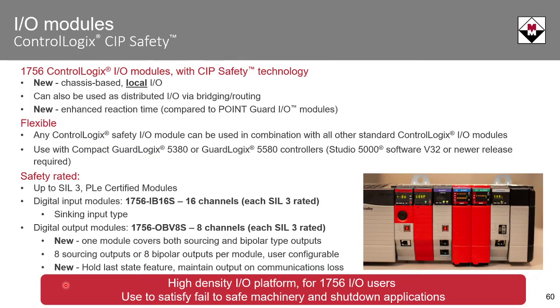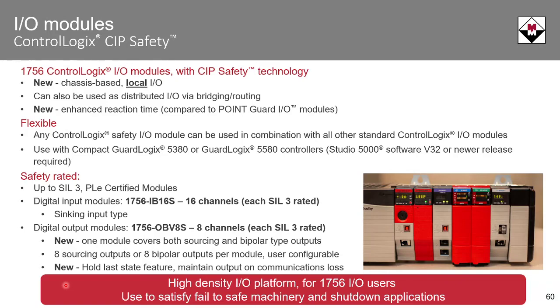First up, new to Studio 5000 version 32, we now have ControlLogix Safety I/O modules. We have a 16-channel DC input safety module and an 8-channel DC sourcing or bipolar safety output module. These modules can only be used in conjunction with the high-performance controllers, but it's a great addition to the ControlLogix platform.